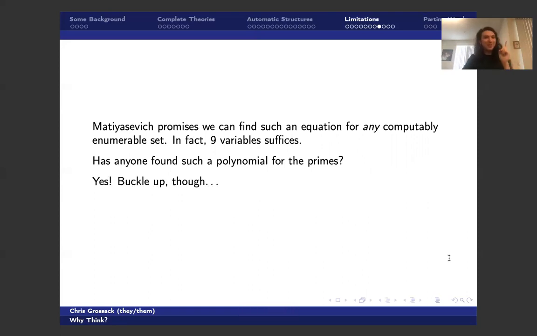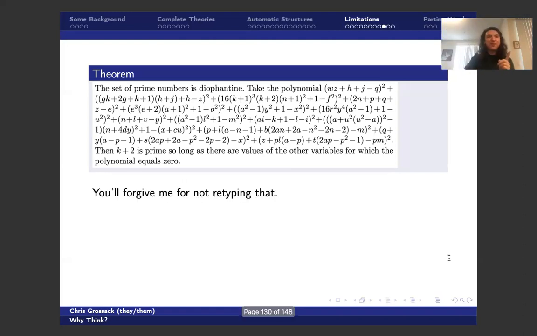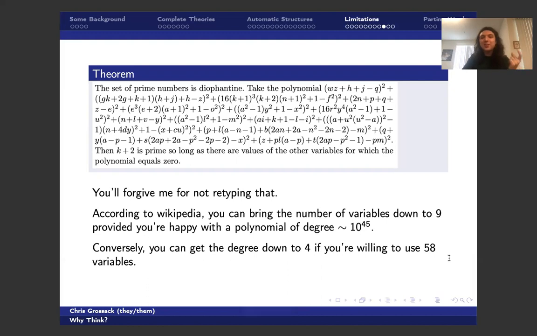Yes, theorem, this polynomial works. You'll forgive me for not retyping this polynomial. It's a polynomial in 26 variables plus k. According to Wikipedia, you can bring the number of variables down to 9 as promised, provided you make the polynomial have degree about 10 to the 45, which makes sense. You need to put the complexity somewhere. And conversely, you can get the degree down to 4 if you're willing to use 58 variables.